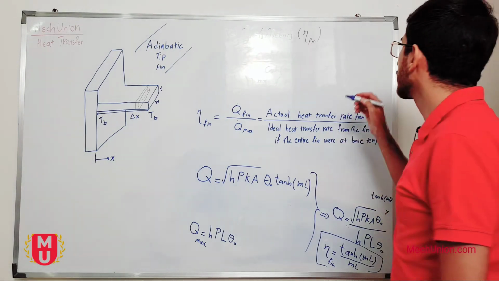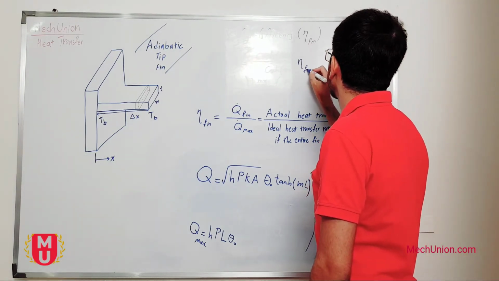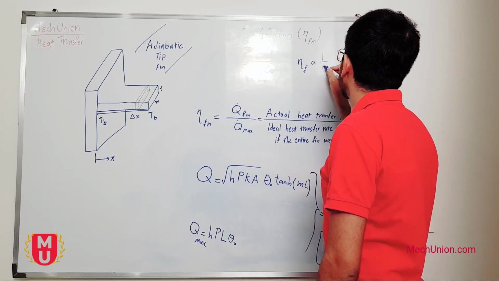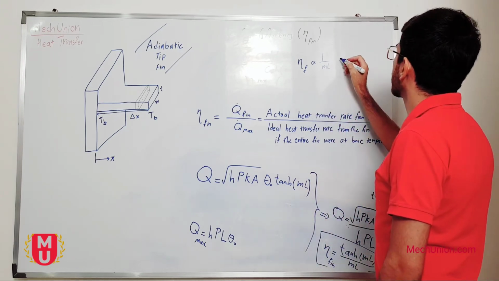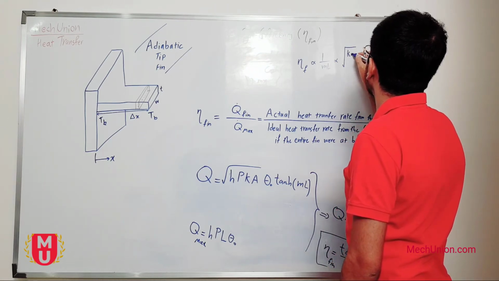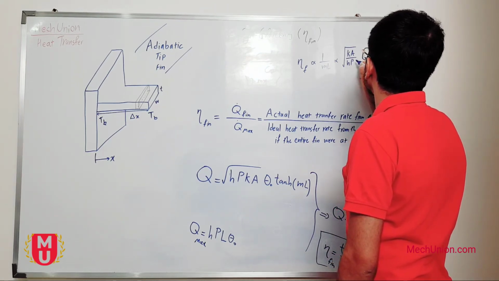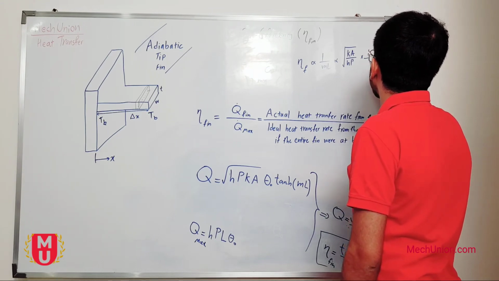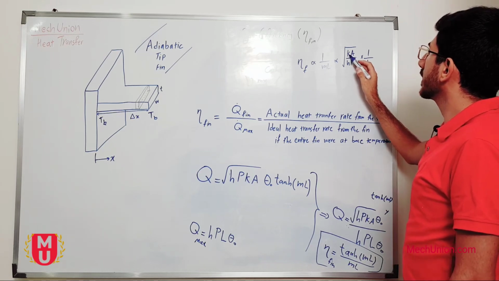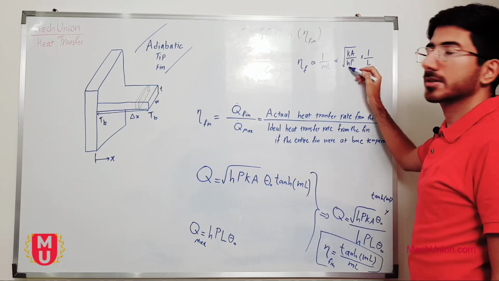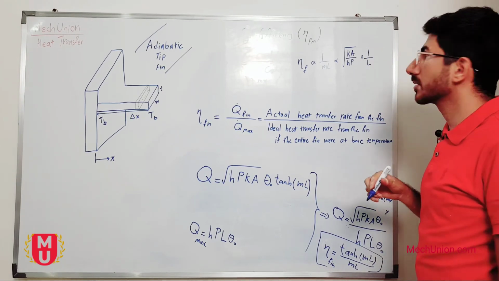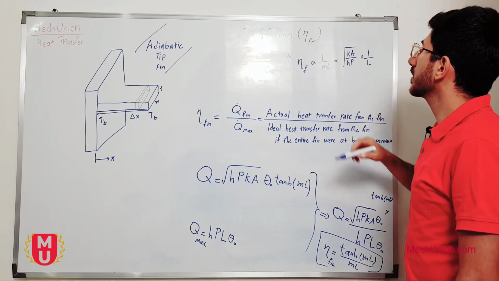As the formula shows, eta of fin has an inverse relation with mL, and we have Ka over hP times 1 over L. As the K of fin is bigger and h of environment is smaller, and the ratio of perimeter over cross section is smaller, the efficiency will increase.